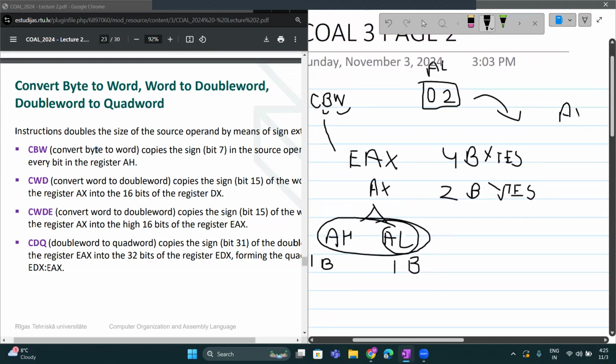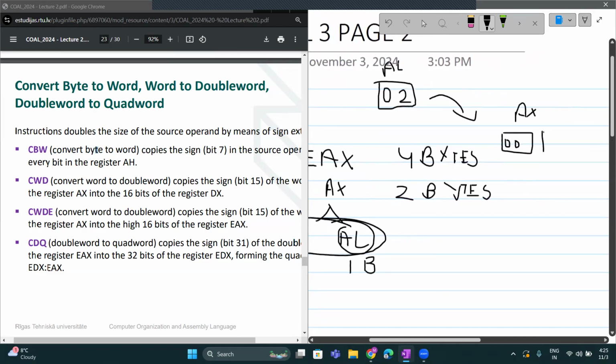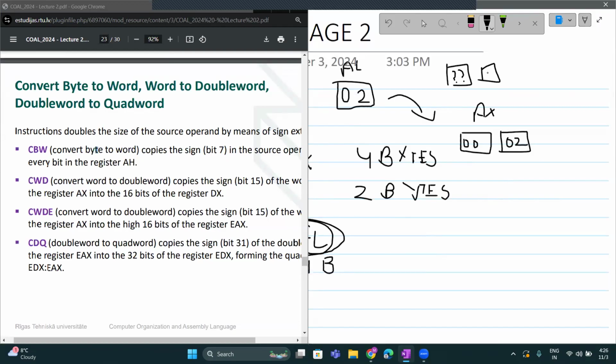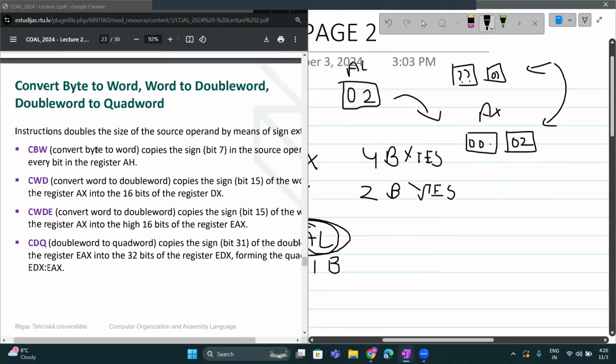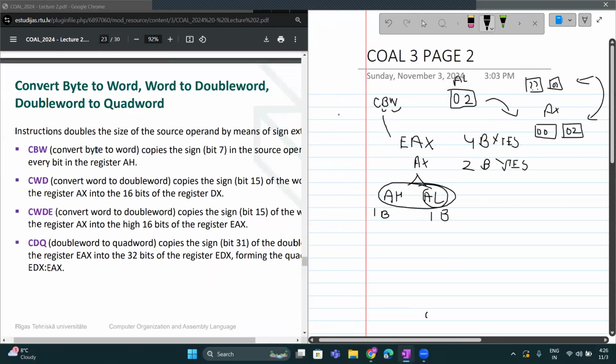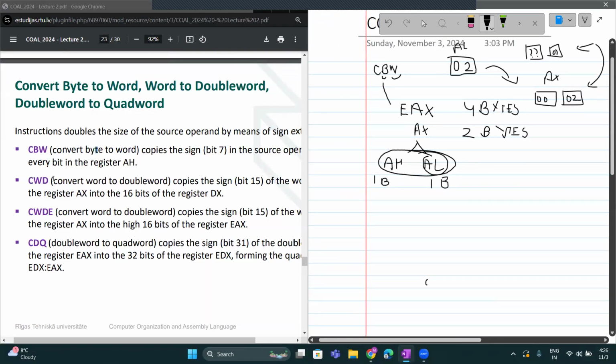So AX, now what will it have? 00 and 02. First, AX had question marks here because we didn't know what it had, so we couldn't use it directly. But we can use this AX now directly because it has 00 02. That's why we use these kinds of instructions.